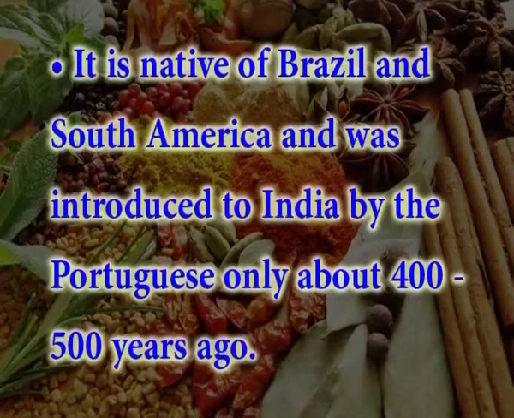It is native of Brazil and South America and was introduced to India by the Portuguese only about 400 to 500 years ago. As its pungent taste was liked by most in the tropics and the plantation was adaptive to tropical climate, it spread all over tropical Asia soon after its introduction in the early 16th century.